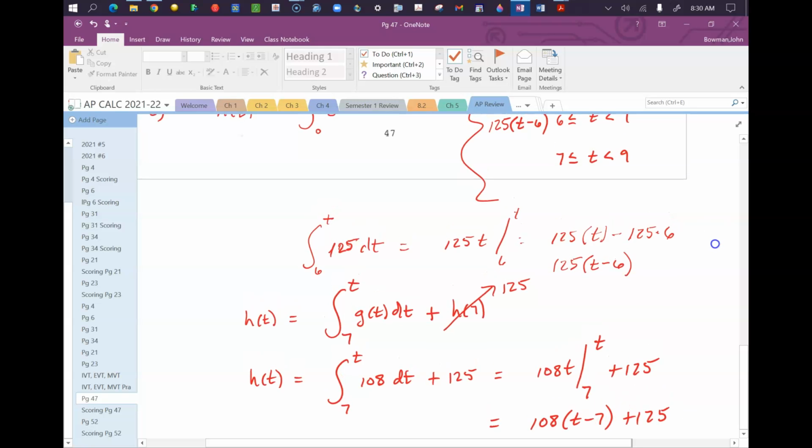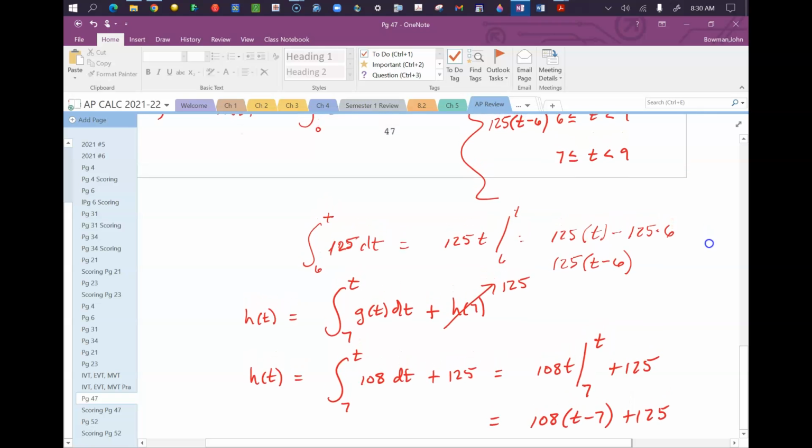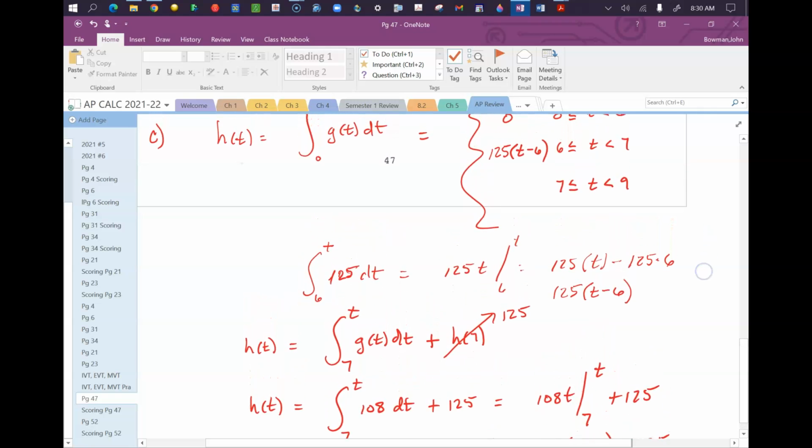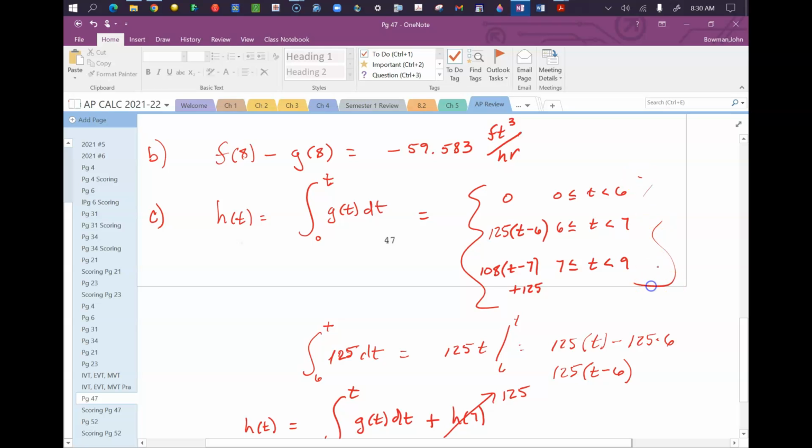Again, you could figure this out with calculus, but the calculus is what they're looking for. So 108 times t minus 7 plus 125. So that's our piecewise function.